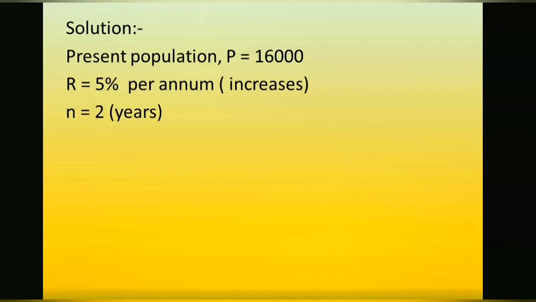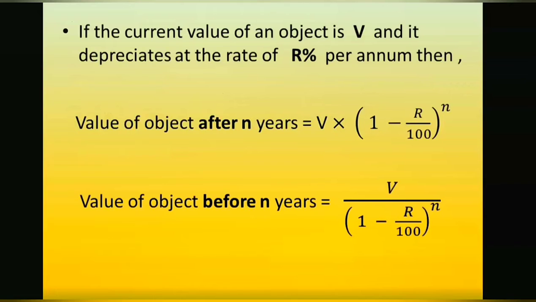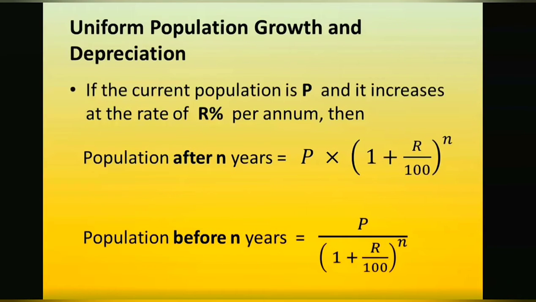From among those 4 formulas, which one are we going to apply? The population is increasing at the rate of R%, and that means it is one of these 2 formulas. The question asked is about after 2 years, so it's the first formula.